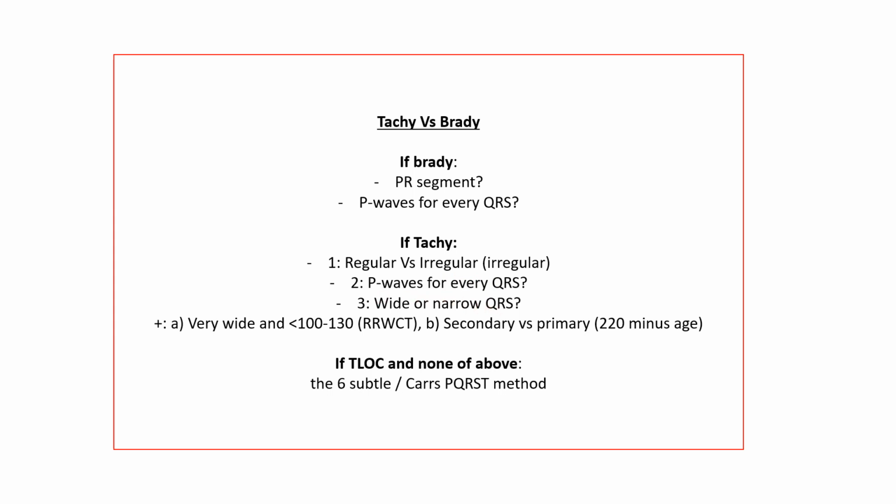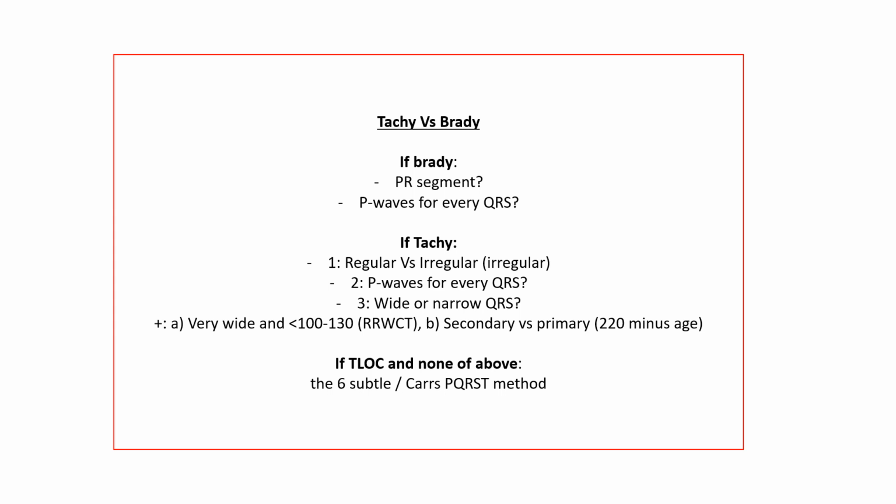And I always add some additional questions there. Is it primary or secondary, do you think? Whether it's primary or secondary is usually a clinical question as well. But as a rule of thumb, 220 minus the patient's age, meaning if you're an 80-year-old patient, then you should not have a heart rate above 140.